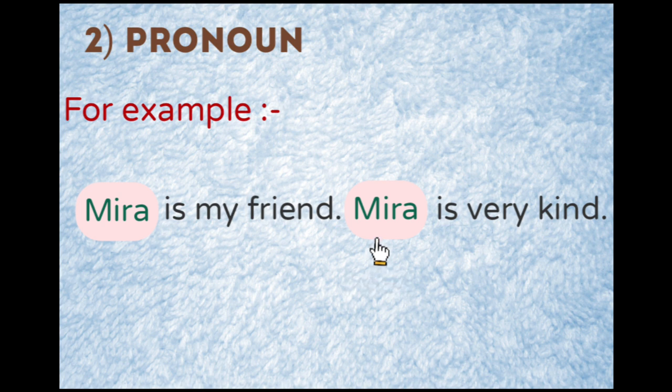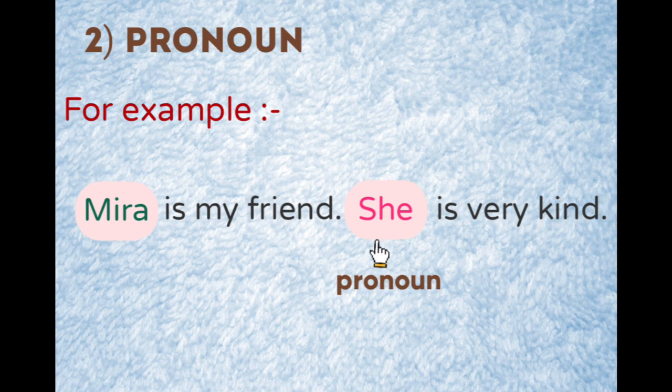For example, Meera is my friend. Meera is very kind. So, as you can see here, I am using Meera two times. Instead, if I used a pronoun she in place of noun Meera, then look at the sentence: Meera is my friend, she is very kind. It doesn't sound good if the nouns are repeated over and over. So if we use pronoun instead of noun, it will improve the clarity and the flow of a sentence.